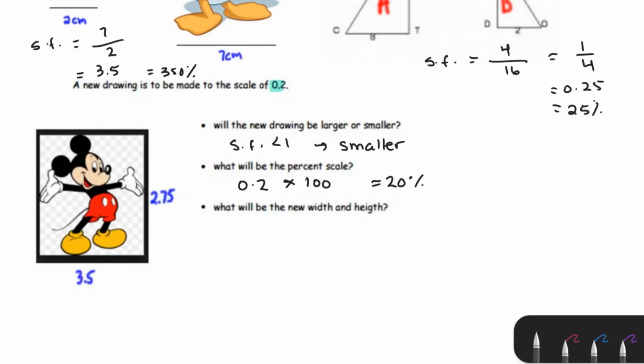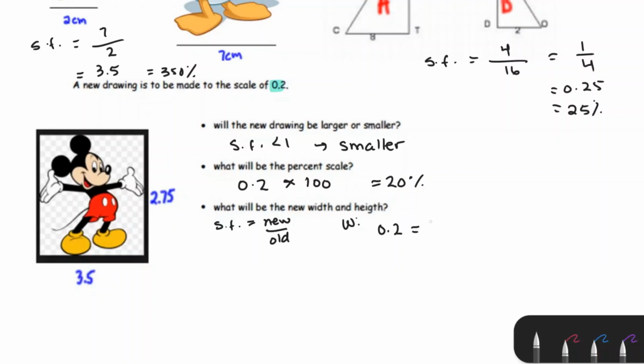Now, how do I find that new width and height? Well, again, I have my formula. Scale factor is new over old. Let's find my width first. Width, I know the scale factor is 0.2. We want to leave it as the decimal. We don't want to work with percentages when we're in our calculations.